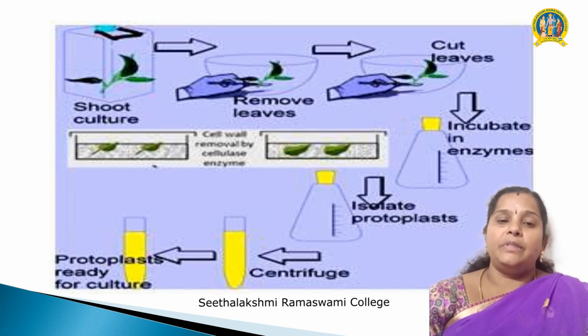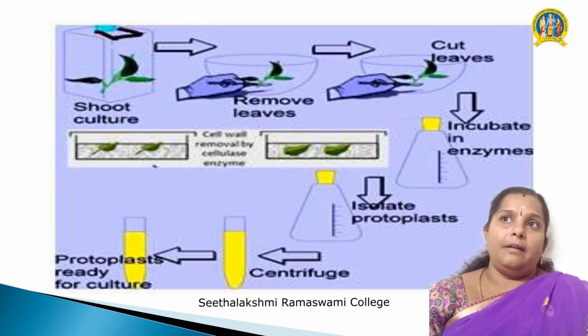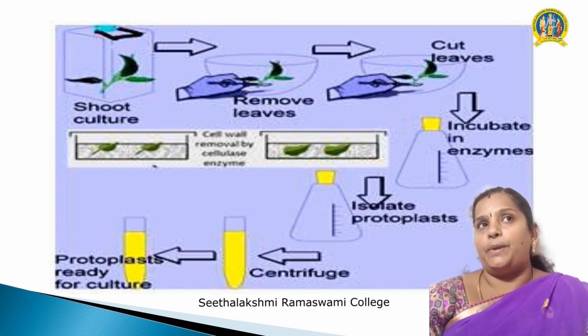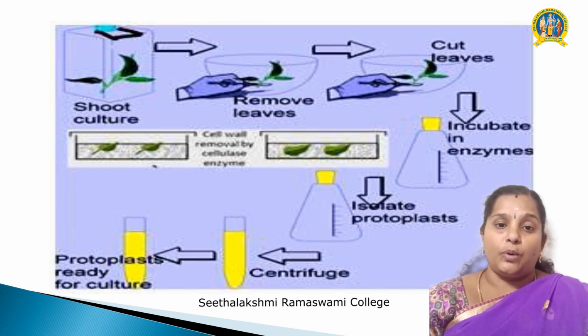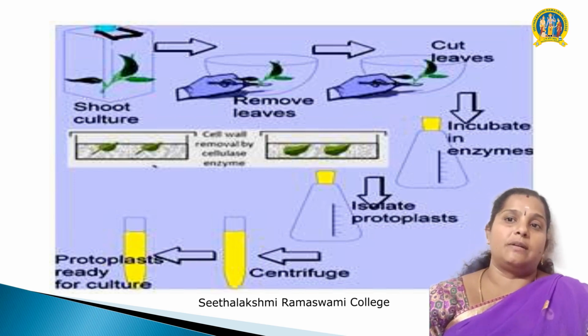During this time, the enzymes digest the cell wall. Then using a centrifuge at 10,000 rpm for 3 minutes, the pellet is collected. The pellet, with the cell wall digested, contains protoplasts ready for culture.